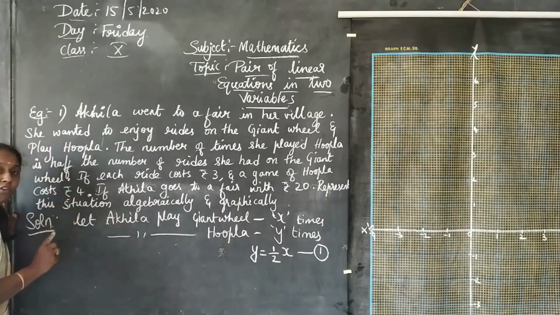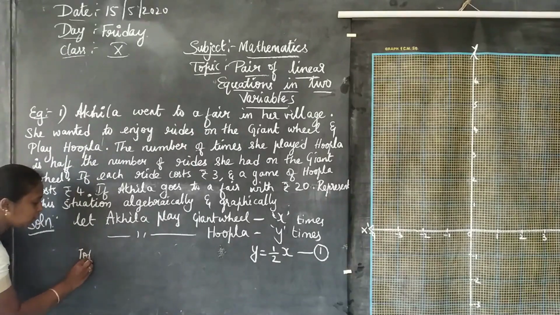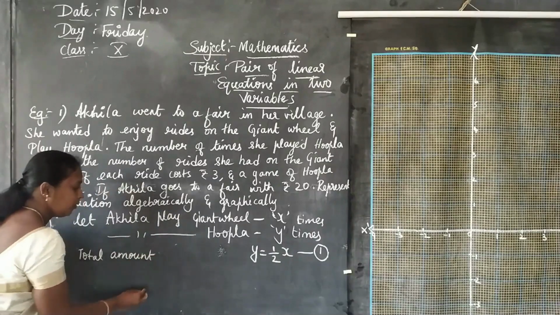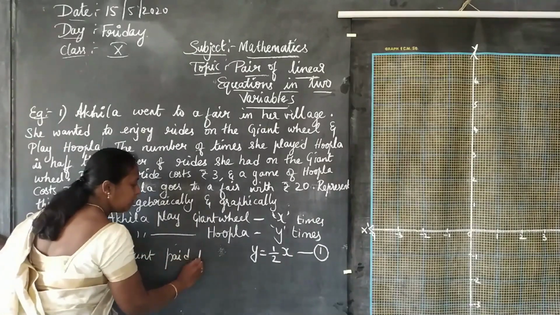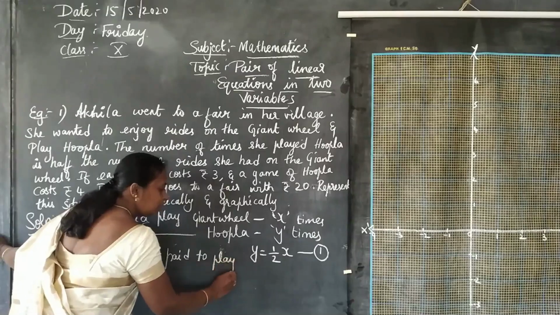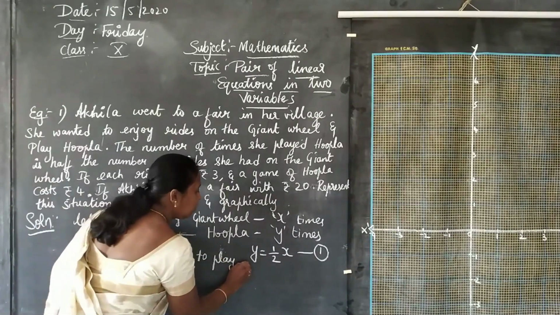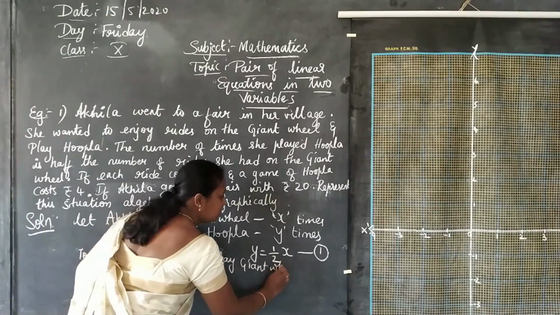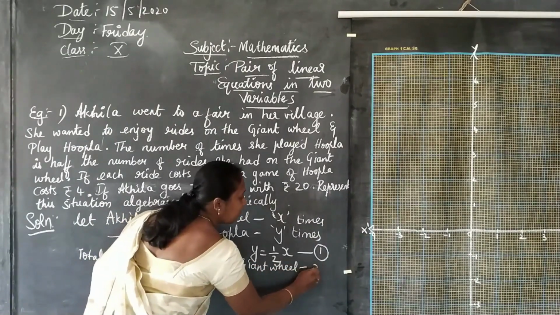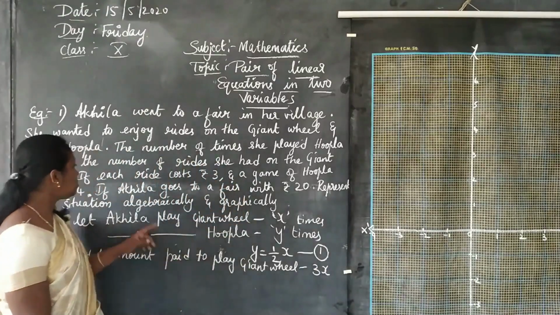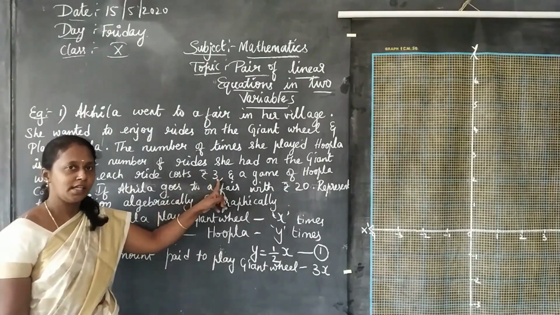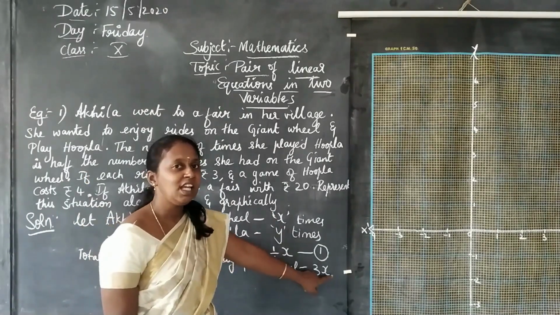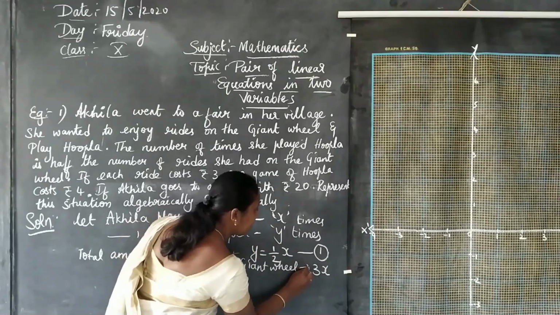So the total amount paid to play the giant wheel is 3 into x, because each ride is rupees 3, and x times, therefore it is rupees 3x.